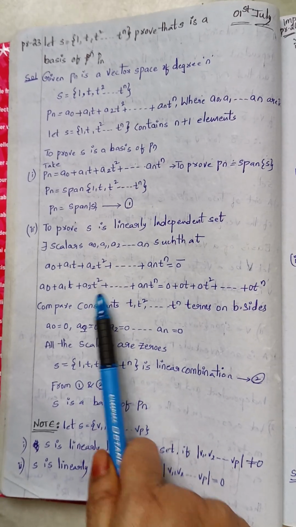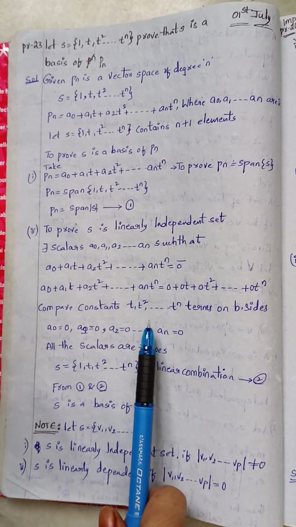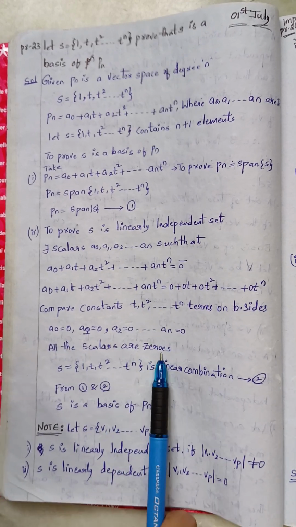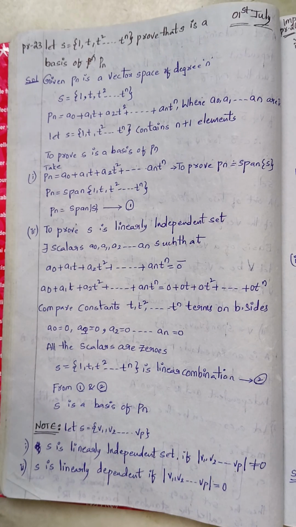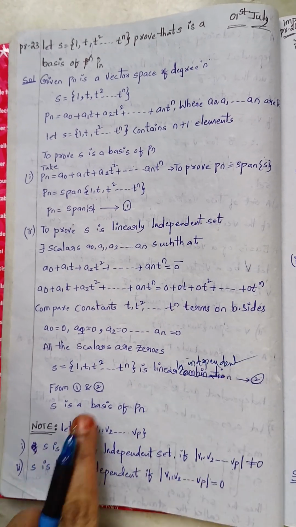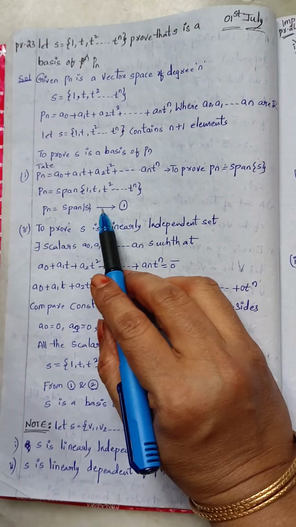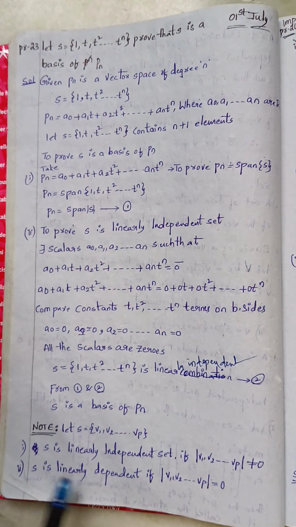Compare t square terms: a2 equals 0. Like this up to an equals 0. Here we took n plus 1 scalars and all the scalars are 0. According to the definition of independence, it is linearly independent. So Pn equals span of S and S is linearly independent. So S is the basis for Pn.